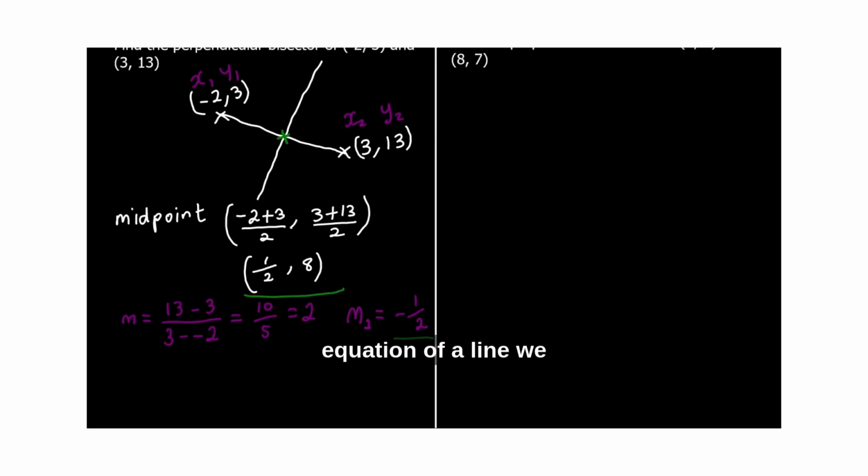The equation of a line we can do as the gradient times x minus x1 equals y minus y1. And we've got x1, y1, and the gradient.